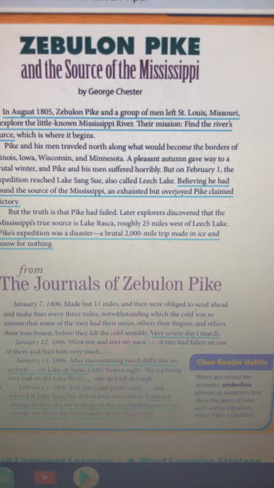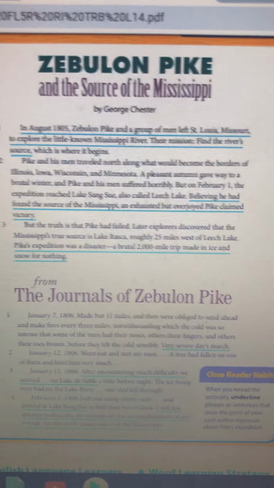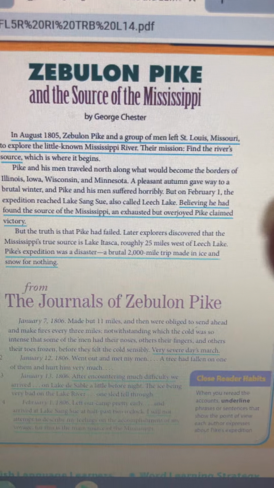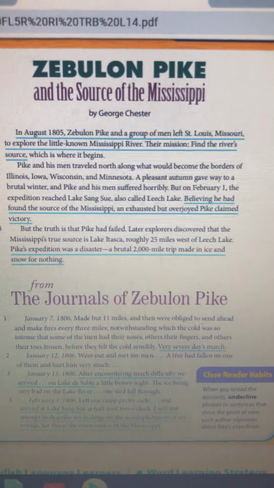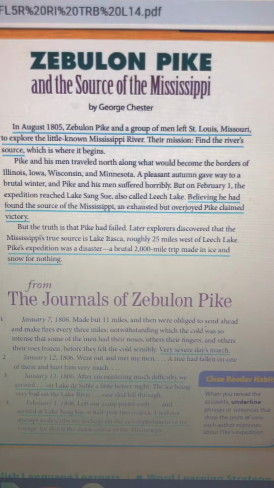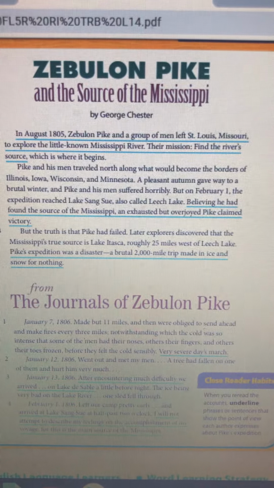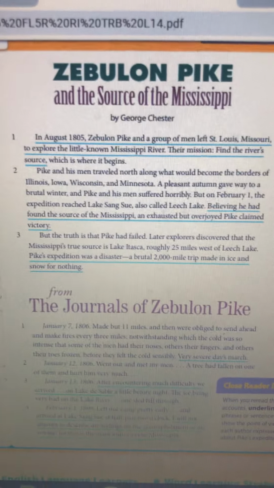Overjoyed means more joyful. So he was super excited because think about this. This was a long trip, right, that they were traveling in the snow, and it was a brutal winter, they said. Okay. He claimed victory, meaning that he felt like he had found the source.